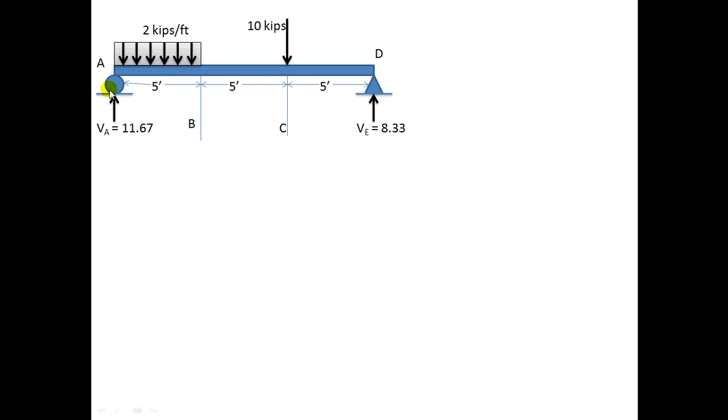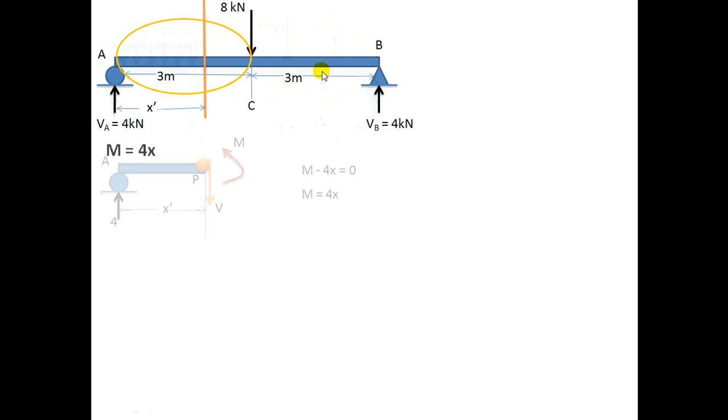And if different loadings are acting over the beam, I will cut it from here and take this distance as x and make the moment equation for this region similarly as I have done earlier, and I will cut it from here and make the equation for this region and then for this region separately. And this is my beam, and this is my equation for the point load.